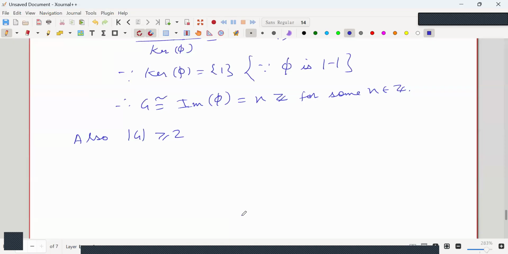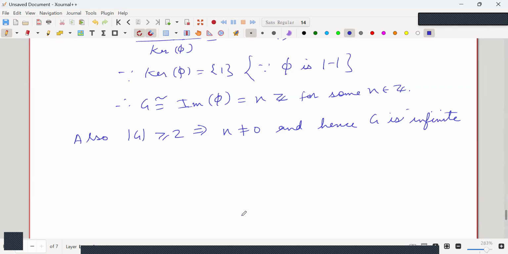So this implies n cannot be equal to 0. If n is 0, then there is just one element 0, but G is not of size at least 2, and hence G is infinite.